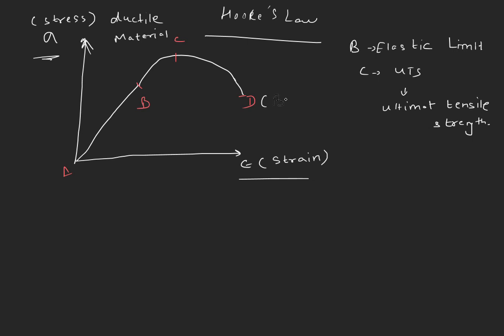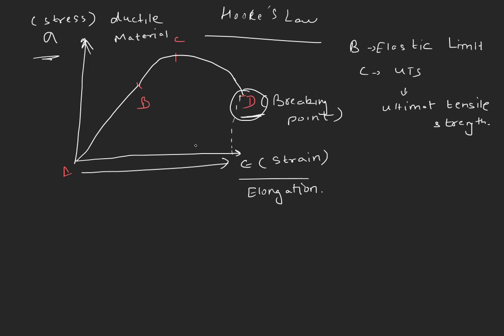And D is the breaking point. As the name suggests, the material or sample breaks at this point, and this point has the longest elongation. As you can see from here, this is elongation, because on the x-axis we have elongation, so if we draw a line down there, this is the max.